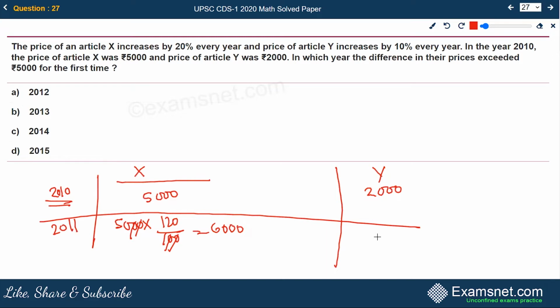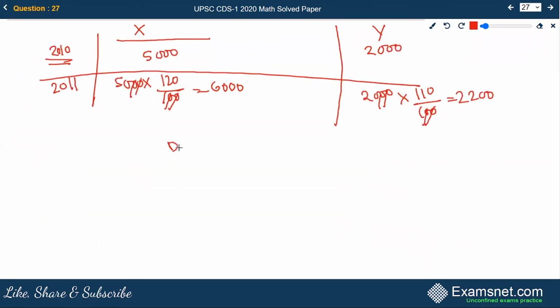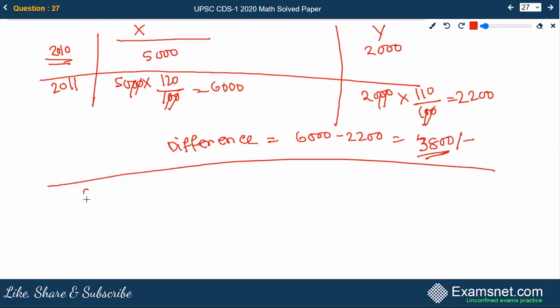And for Y, it increases 10%, so that is 2,200. Now the difference between these two, 6,000 minus 2,200, that is 3,800, which is less than 5,000, correct?